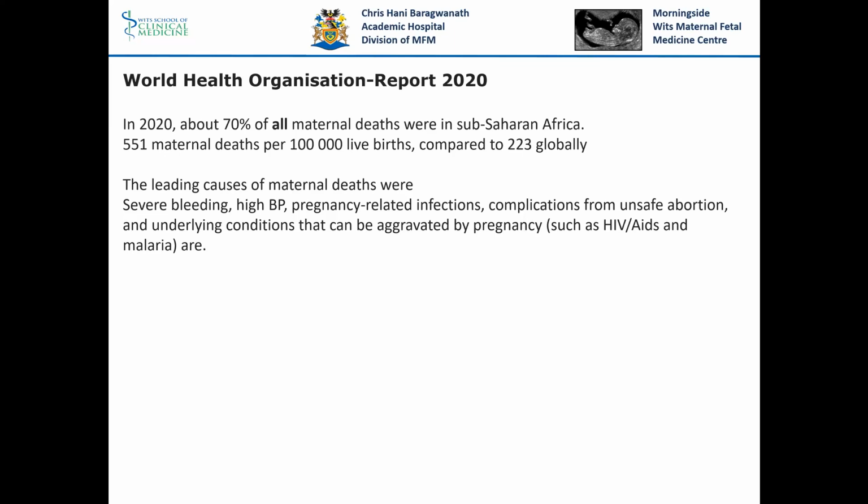That's us, which is more than double the global rate of maternal deaths. The leading causes, according to the report, were again severe bleeding, high blood pressure, pregnancy-related infections, and complications from unsafe abortion and underlying medical conditions aggravated by HIV, malaria, and so on.